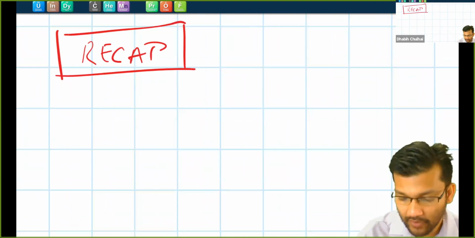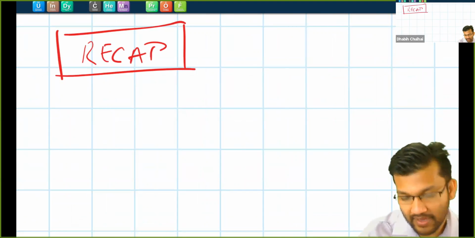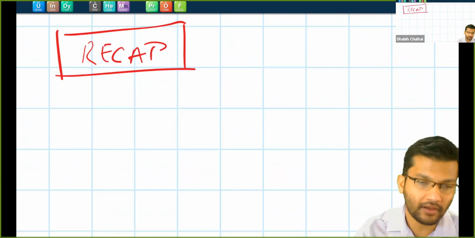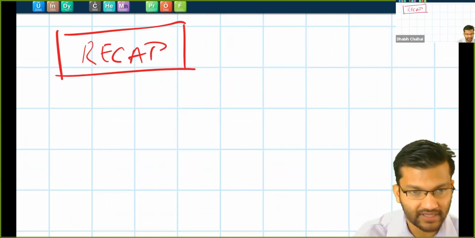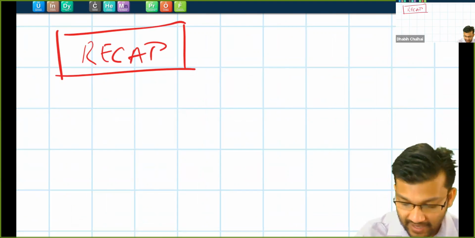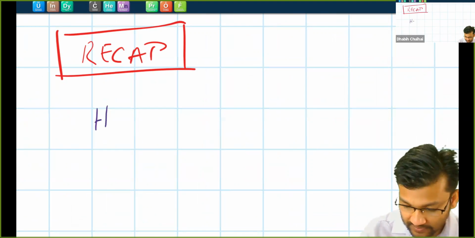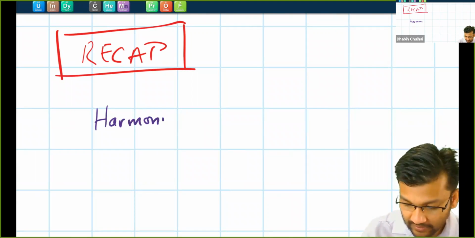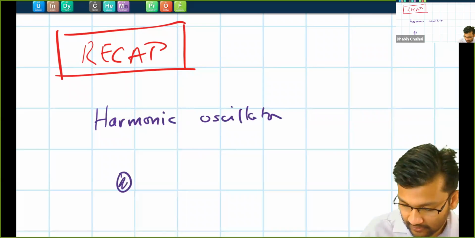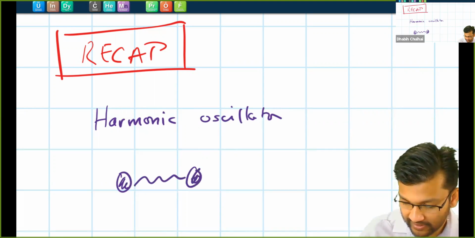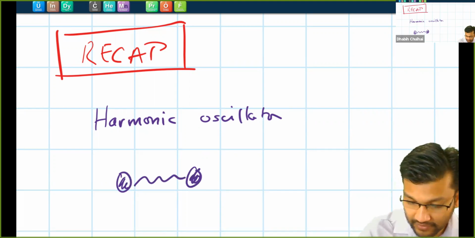So some quick recap. The last time we met, we talked about how we now have all of the tools that we need to solve the Schrodinger equation and understand sort of what it means. And the last time we looked at something that we call the harmonic oscillator, essentially just a particle attached to a spring, kind of moving back and forth.